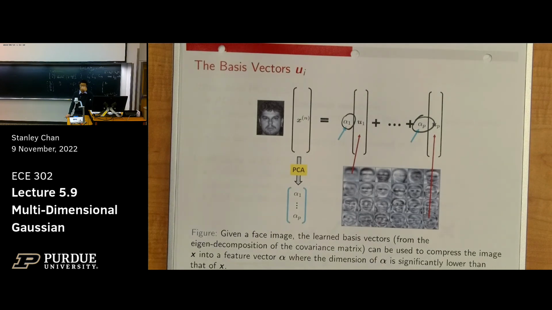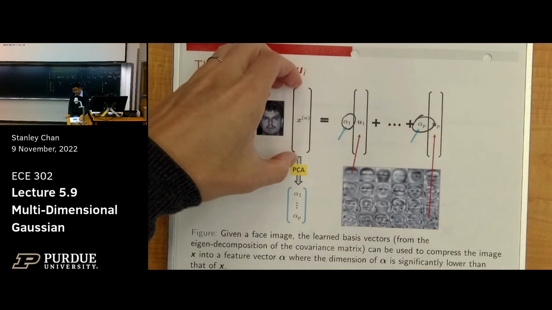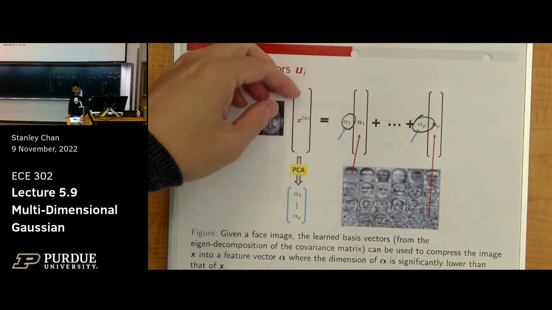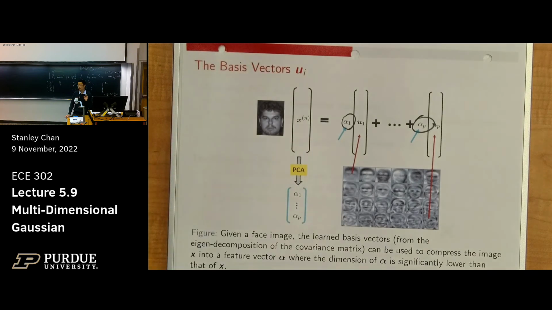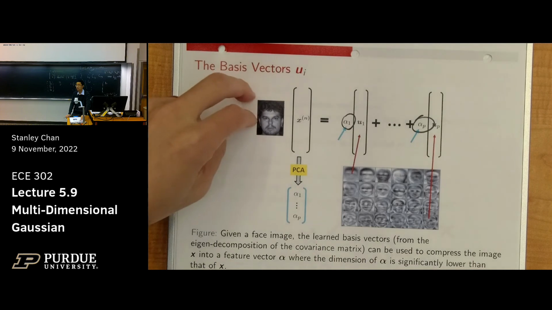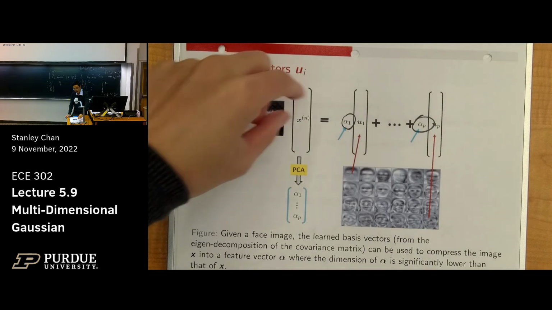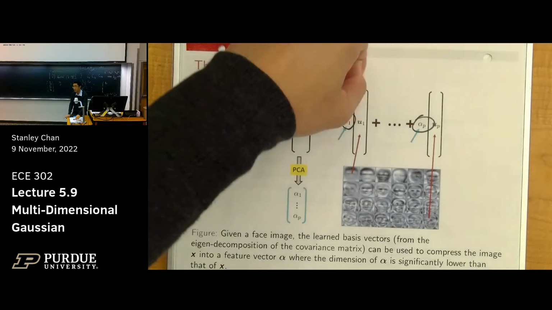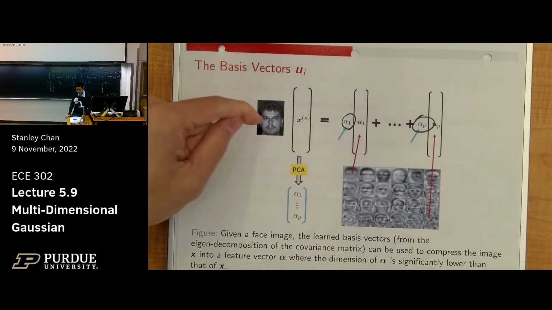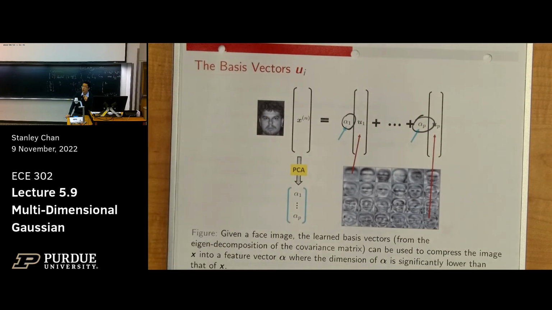Originally, I need to represent this image using D variables, D pixel values. And that could be, let's say, 64 by 64, you already get a pretty large number of pixels. Here, let's say I only have 100 bases. Then to represent this human face, you just need 100 coefficients.